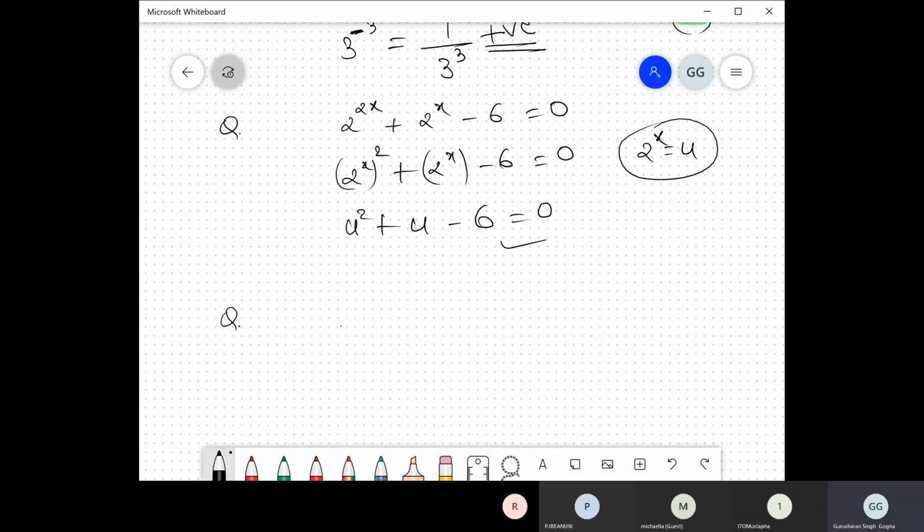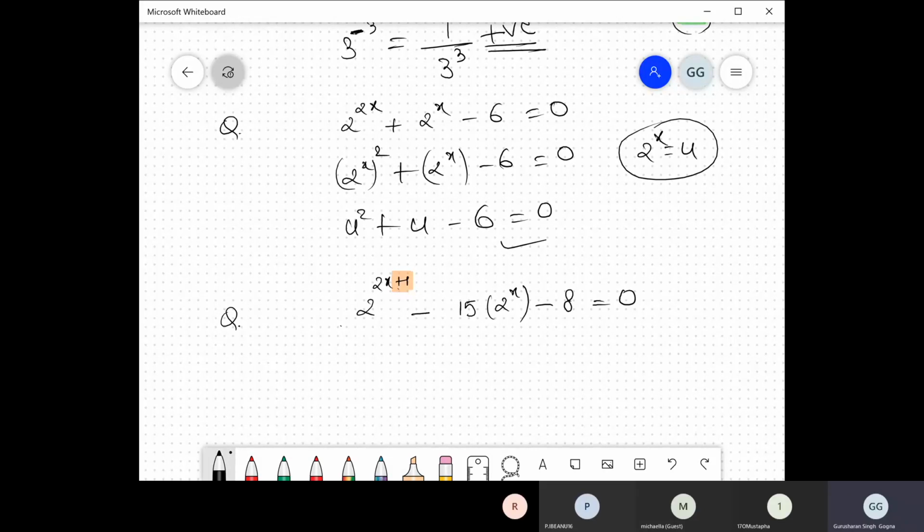So something like this: 2 to the power 2x plus 1, minus 15, 2 to the power x minus 8. Now you will see it's again kind of quadratic, which it is, but there is some problem caused here, isn't it? You have 2 to the power x here, fine. You have 2 to the power 2x as well, but 2x plus 1. So how will you get rid of that plus 1 so that you can properly write this as a quadratic?